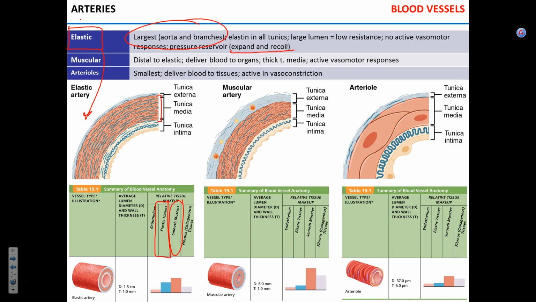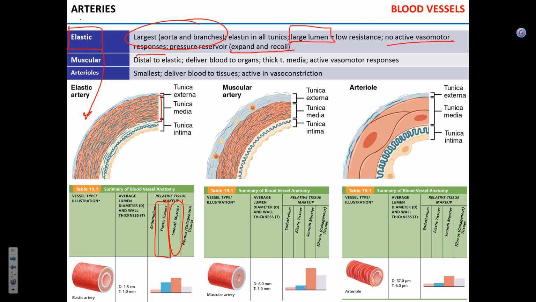Are we clear? These vessels have pretty low resistance due to a large diameter, and very importantly, they have practically no vasomotor responses.